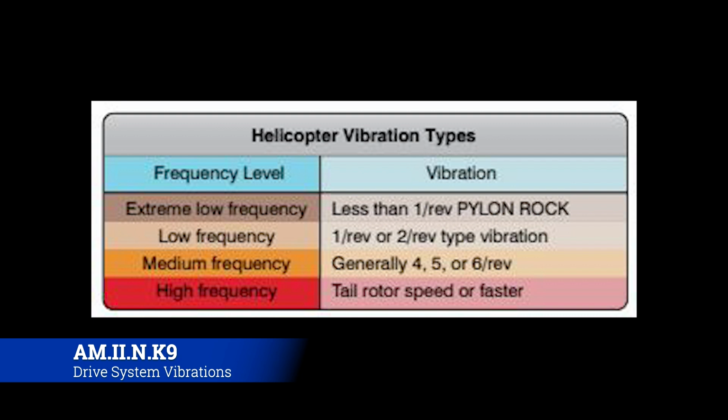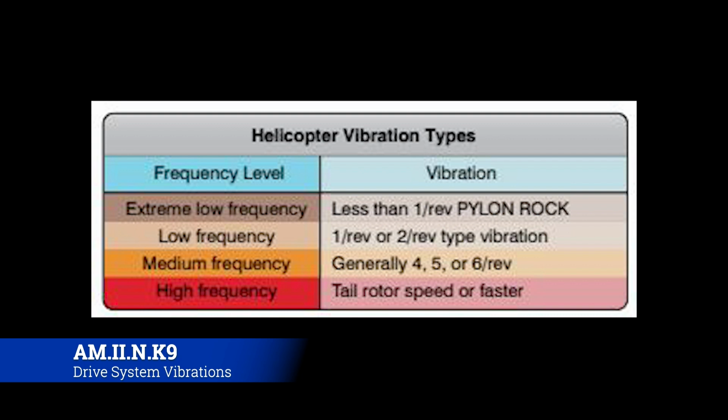The next one is low frequency, a 1 revolution or 2 revolution type vibration. It's going to be a little more aggressive than you would want, and that's usually a blade that's developing more lift than the other one, so it's probably pitched up. You probably need to adjust the track or check the rigging of that blade, or the blade has become damaged or eroded to the point that it's causing these kinds of problems.